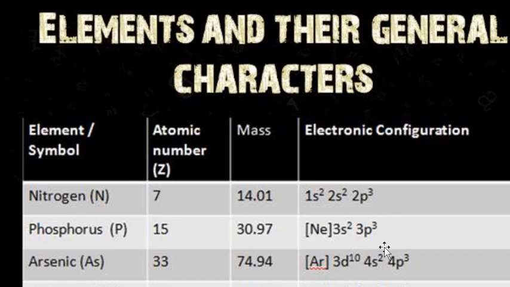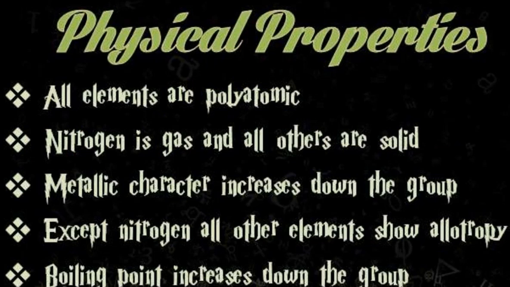In the same way, other elements have 3 electrons in the p subshell except for the principal quantum number changing. So phosphorus has 3p3, showing that it is present in the third period of the periodic table. In the same way, other elements have 3 electrons in their outermost shell.